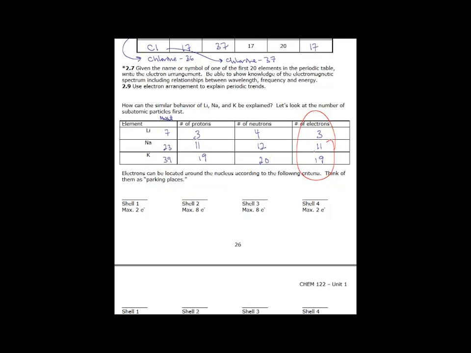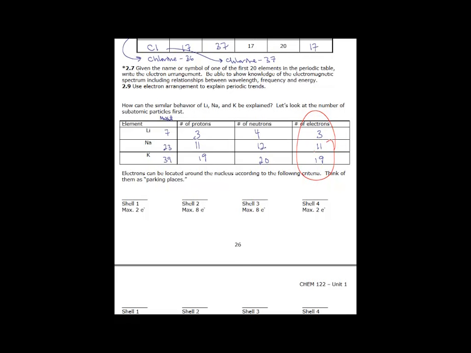So it turns out that electrons are arranged in a certain fashion around atoms. It's not as nice and neat as you'd think. There is a certain probability that you're going to find an electron in this location.